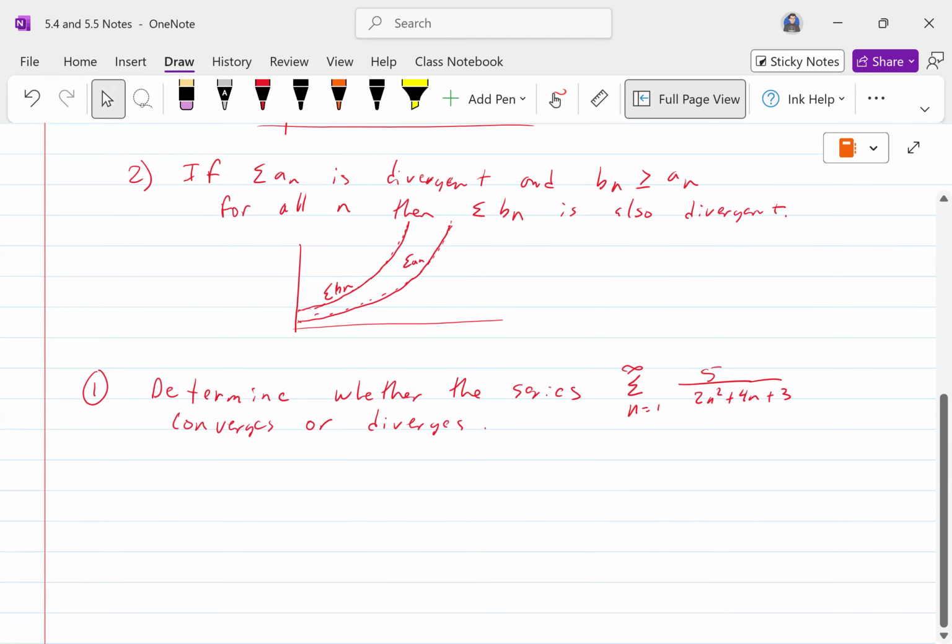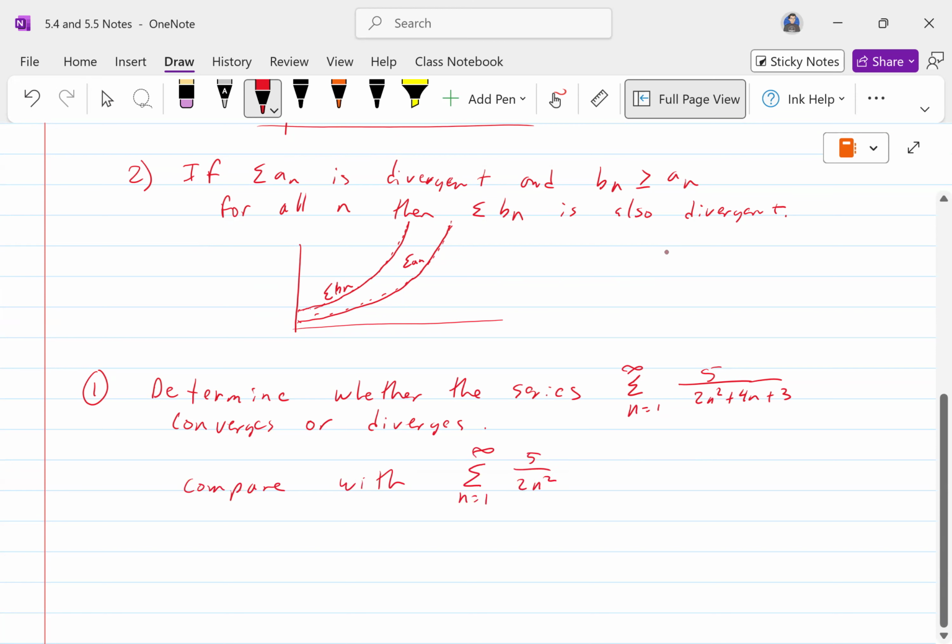Okay, so let's find something to compare this to where the terms are going in the right direction. We could compare this with the sum from n equals 1 to infinity of 5 over 2n squared.